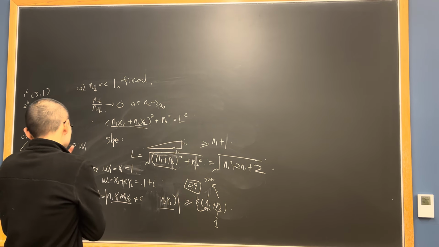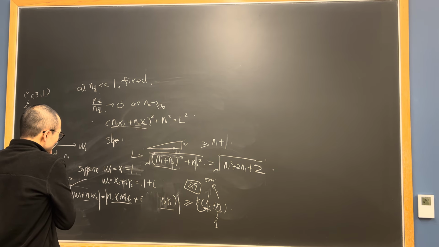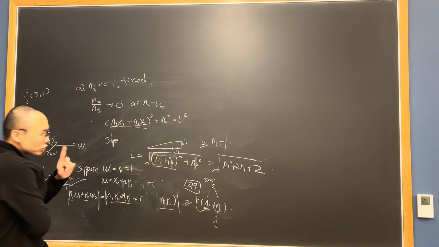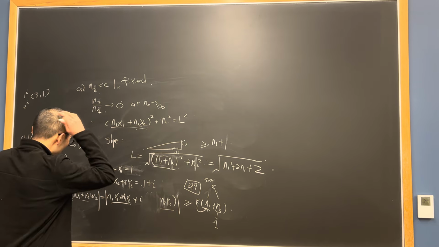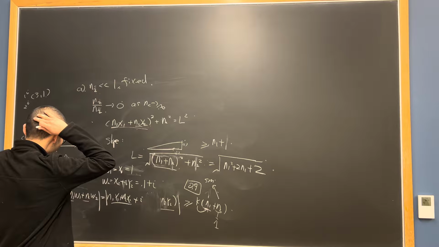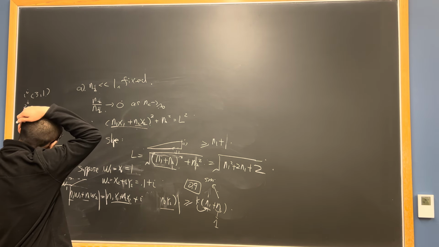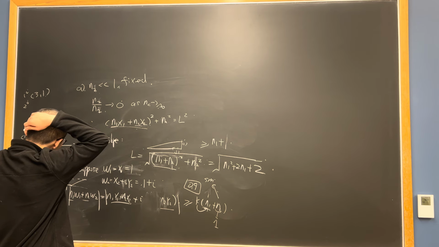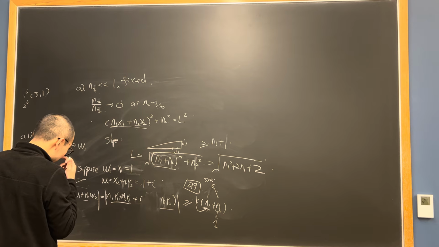So for the general case, what we do is that we just divide it by the... wait, how do we do? We divide by the magnitude. We divide by its magnitude, right?